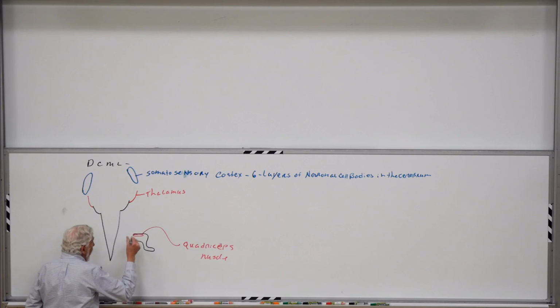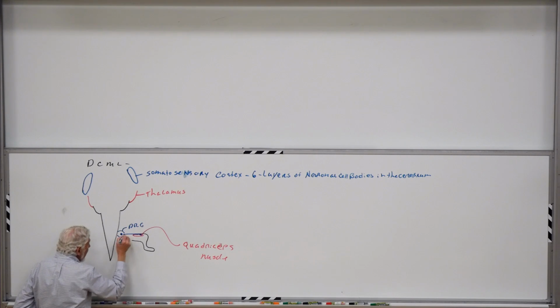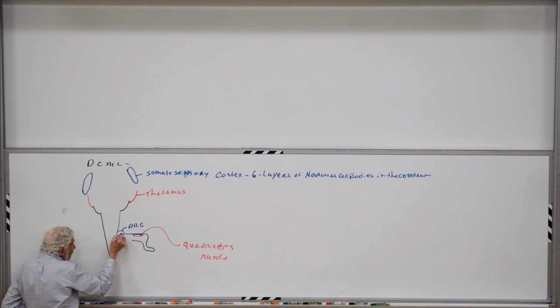And we followed that neuron. We followed the input region out here in muscle. We followed the conductor region to where its neuronal cell body was located in the dorsal root ganglion. That neuron then entered the spinal cord.